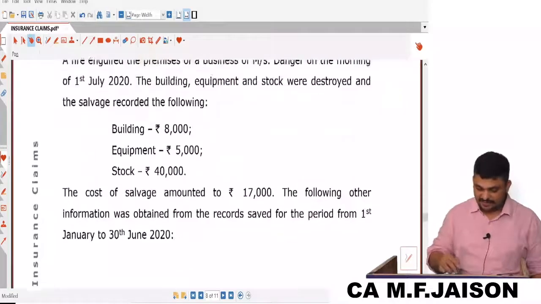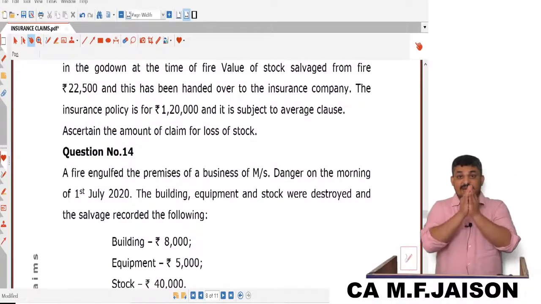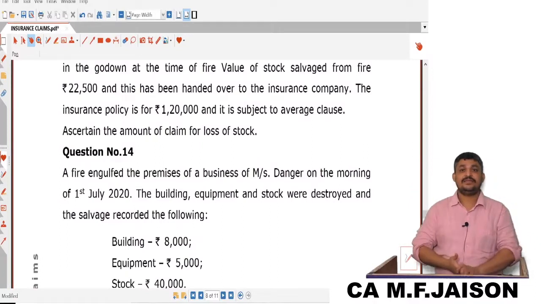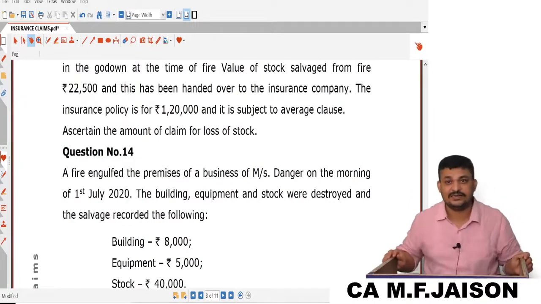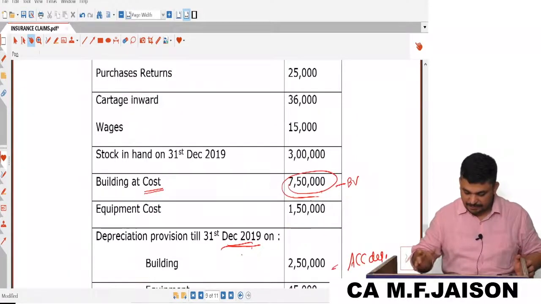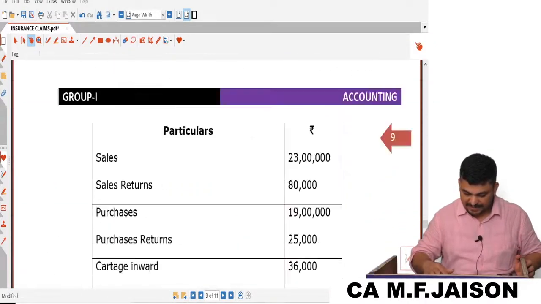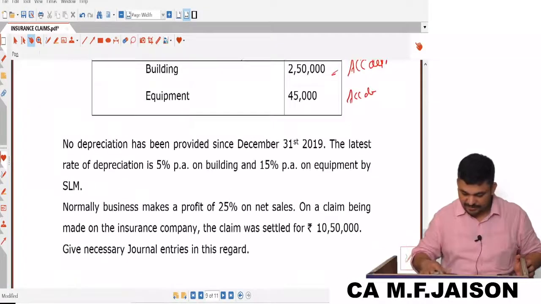We understand the fire occurred on 1st July 2020. Year 2020 is the fire year. What is the previous year? 2019. So we need information of 2019. But the question is not giving purchases and sales of 2019 separately, so definitely we require the GPR, my dear friends.